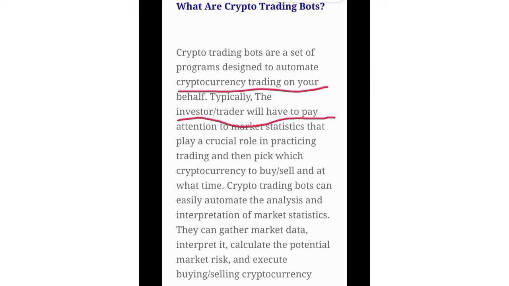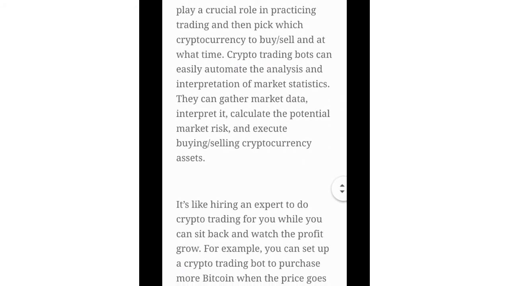Crypto trading bots can easily automate the analysis and interpretation of market statistics. They can gather market data, interpret it, calculate potential risk, and execute buying and selling of cryptocurrency assets. It is like hiring an expert to do crypto trading for you while you sit back and watch the profits grow.